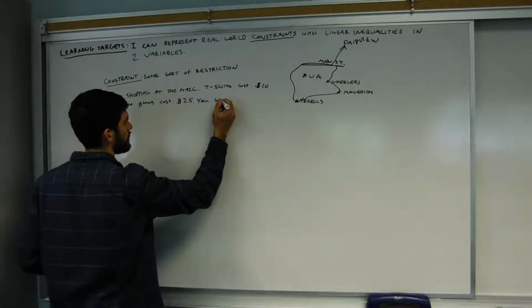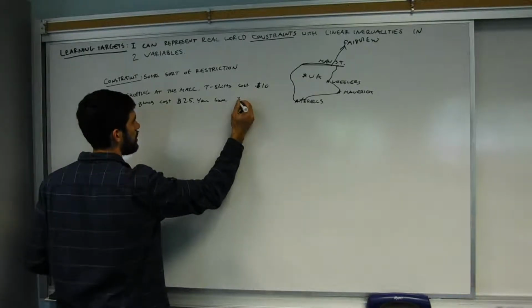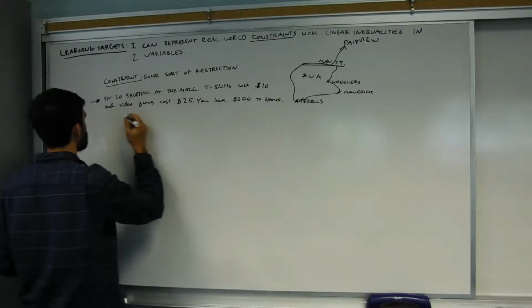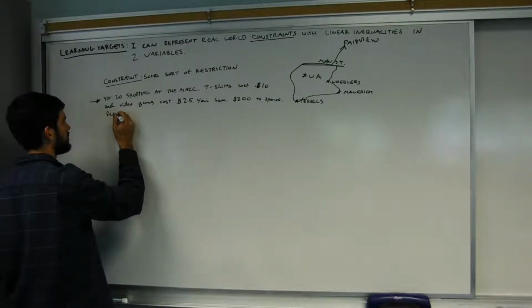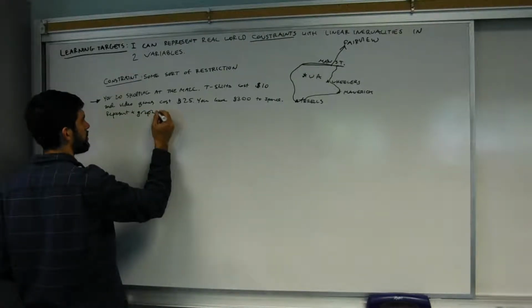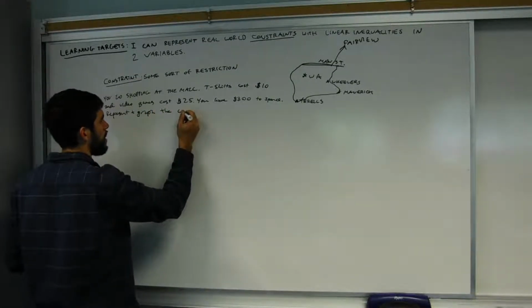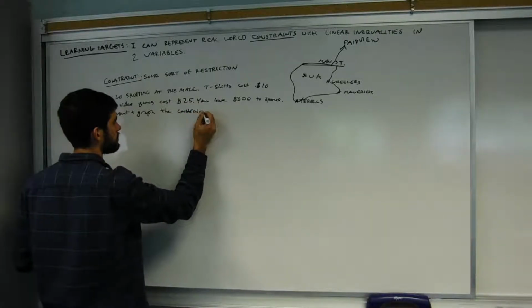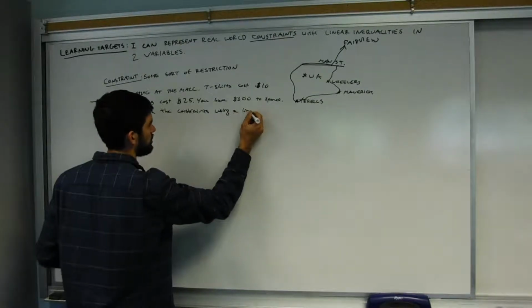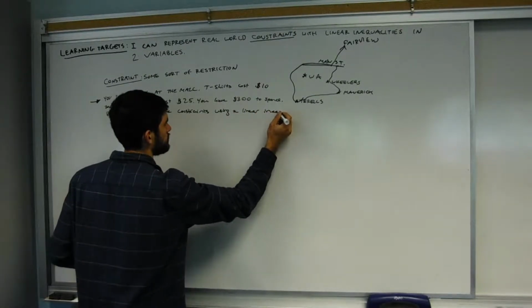You have $300 to spend. Represent and graph the constraints using a linear inequality.